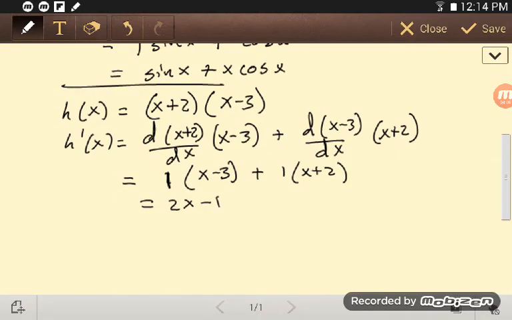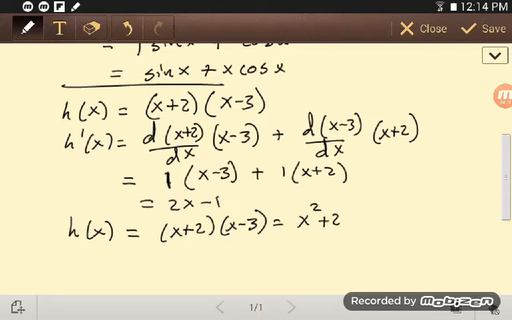Now, let's go back and say, well, h of x, it's x plus 2 times x minus 3, which is x squared plus 2x minus 3x minus 6, and so that is x squared minus x minus 6.